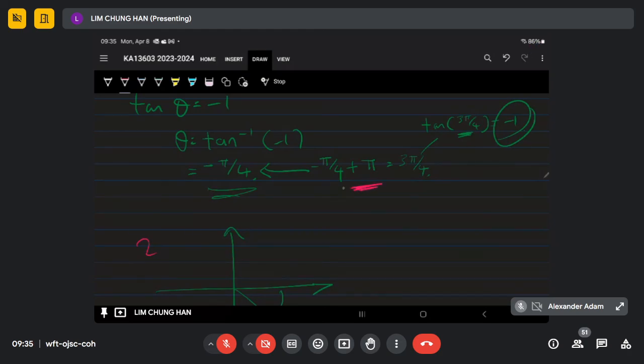The trick is, if your first answer is wrong, you take your first answer, you add 180 degrees to it, and then you check whether it's correct or not. The trick is the 180. You add 180 no matter what.